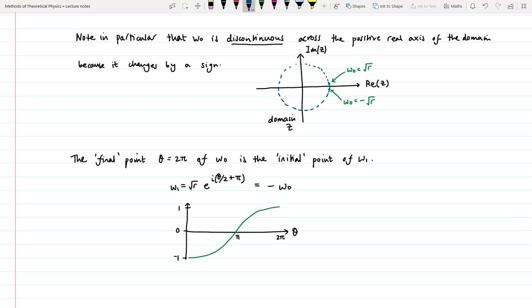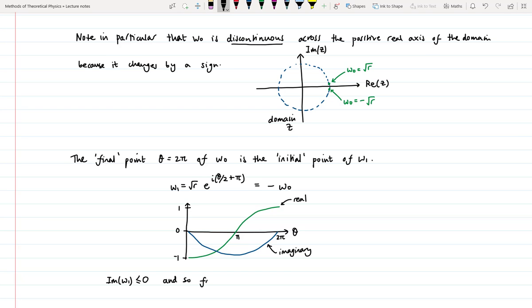And the imaginary part is now minus sine of theta over 2, which looks like this. We therefore note that the imaginary part of W1 is less than or equal to 0.